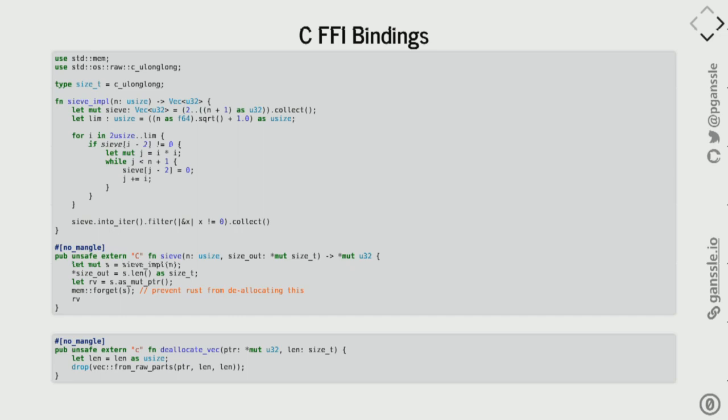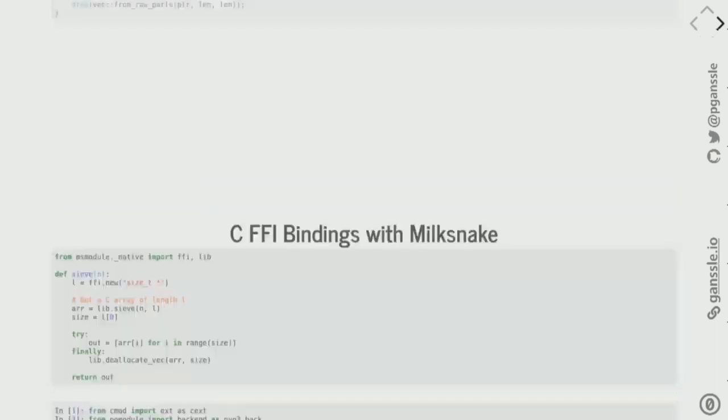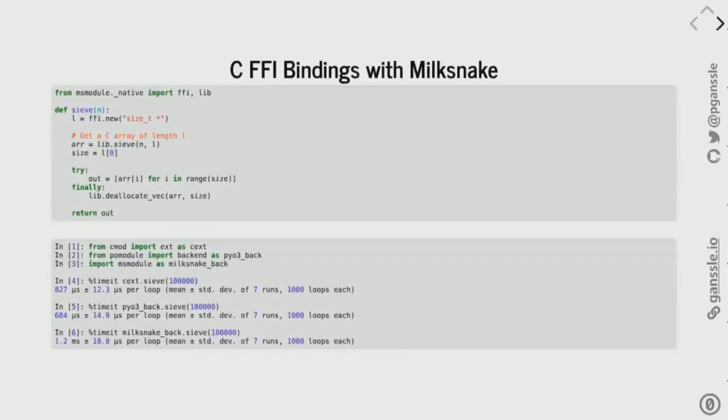They have bindings for generic C FFI libraries. What that means is that you're going to be writing your low-level Rust library once, and then you can have bindings to it in all kinds of other places. On the Python side, there's a library called CFFI, which allows you to work with C FFI interfaces.